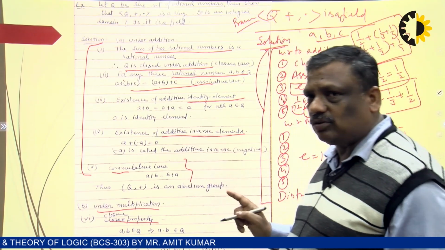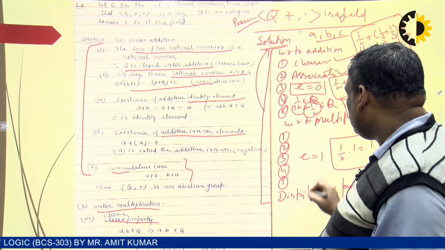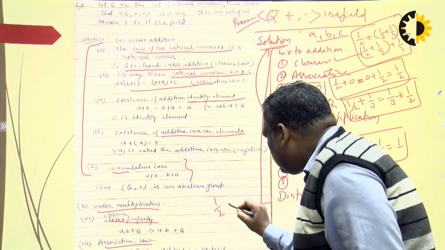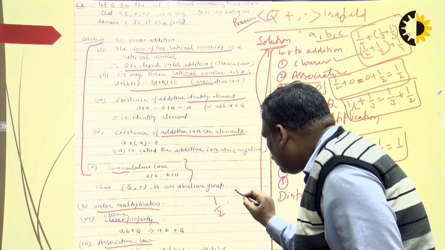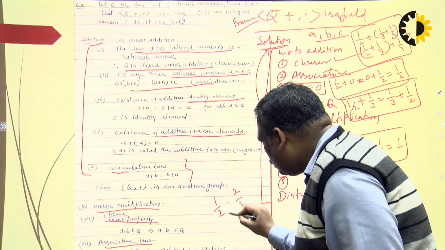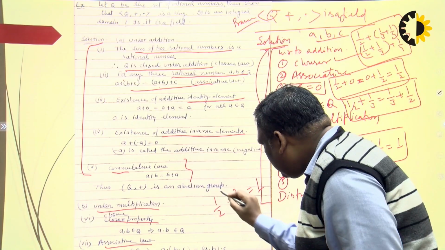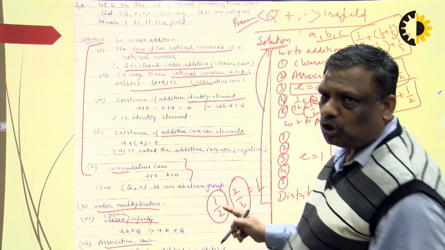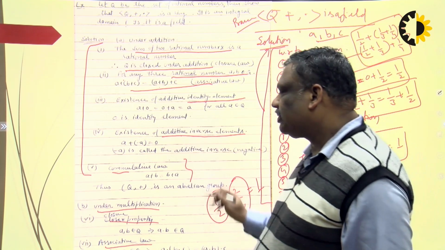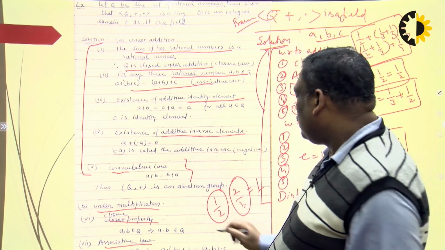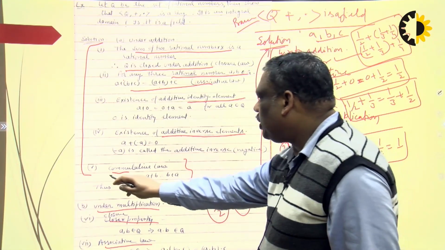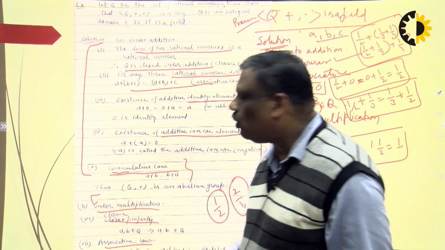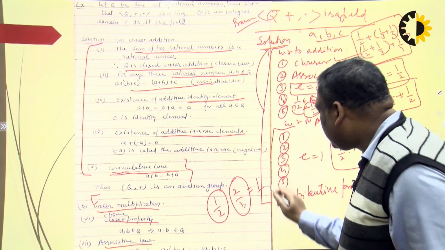And we can prove the inverse also: the inverse of 1/2 is 2/1, that is 2, since 1/2 · 2 equals 1. So the inverse of 1/2 is 2 in the case of the multiplication operation. The inverse property holds and the commutative law holds. So all 5 properties hold with respect to multiplication.